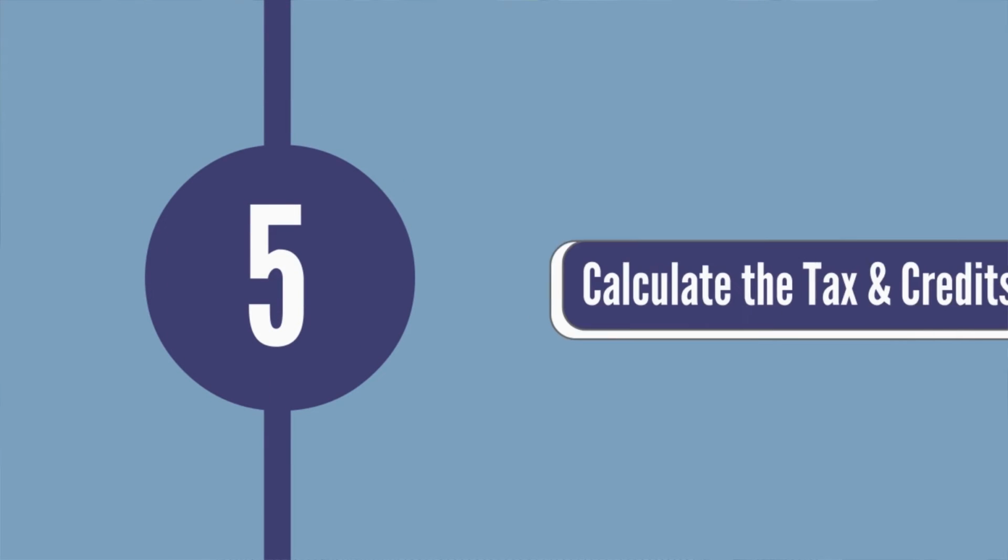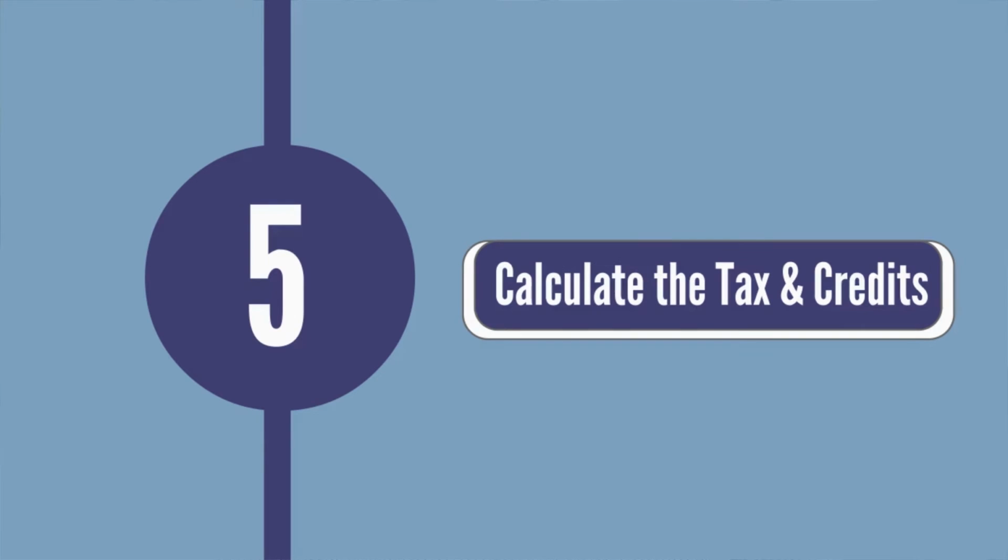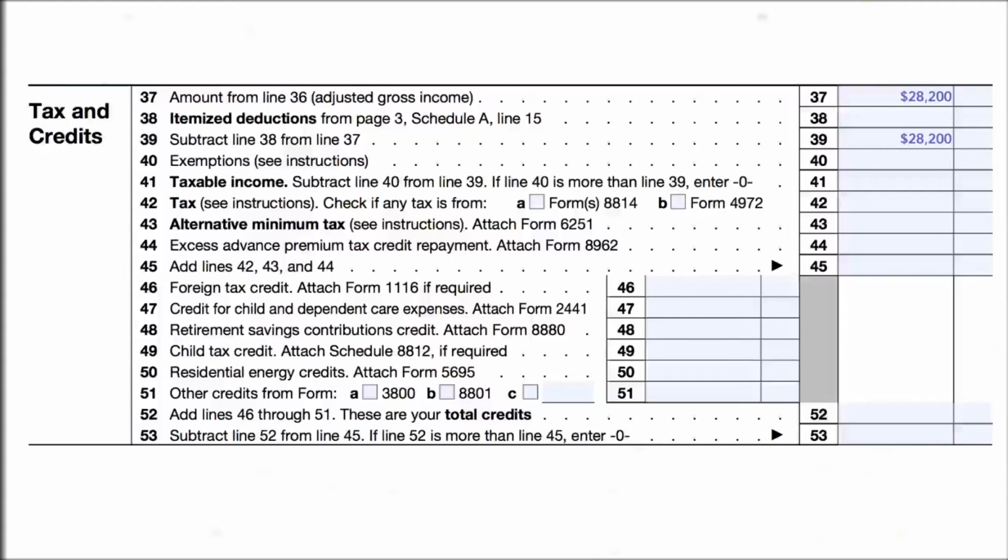Step 5. Calculate the tax and credits. Since Justin is claiming exemptions for 3 individuals, including himself, his total exemption amount is $12,150, which is entered on line 40.